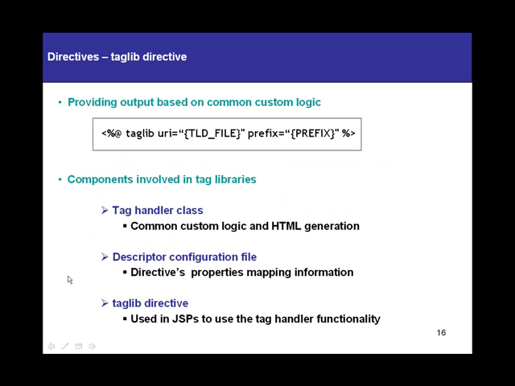So this is about the JSP include directive. And the last and the most important tag directive we have is a Taglib directive. So basically here we provide certain tags in your JSP pages, and implementing the Taglib directive is going to help a lot, because it's going to clean up your JSP page.